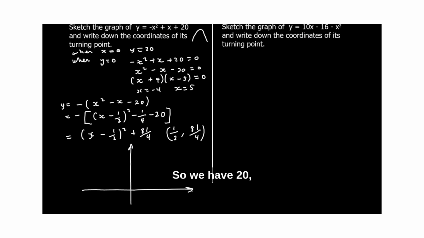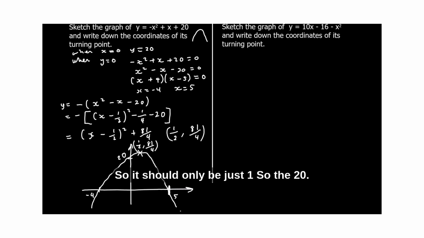So we have 20, negative 4, positive 5, then a maximum point up here. The maximum point at 1/2, 81 over 4, which is 20.25. So it should only be just above the 20.